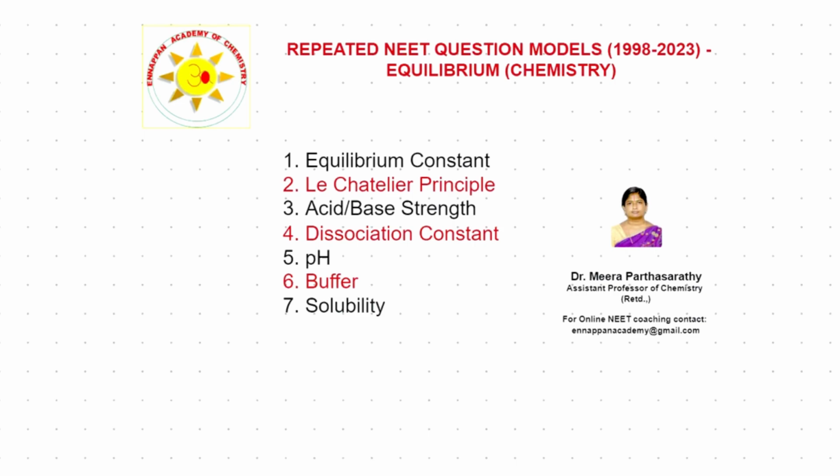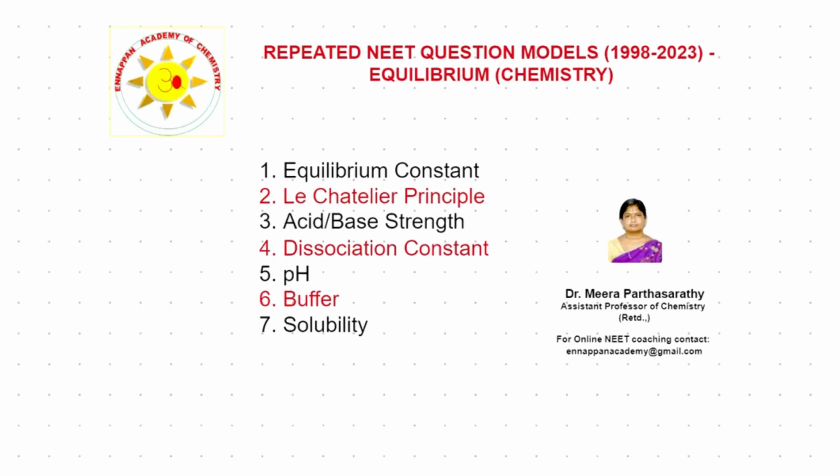It is true. But the good news is, if you look at the NEET question papers, questions frequently come from these 7 headings. Today, what we are going to do, from each model, we are going to work out 1 or 2 problems.